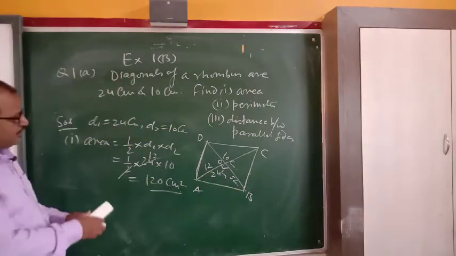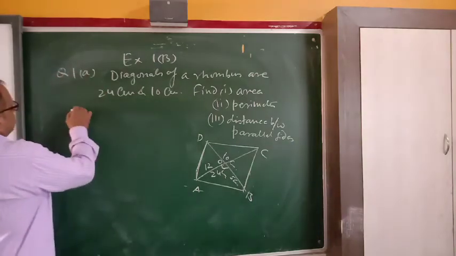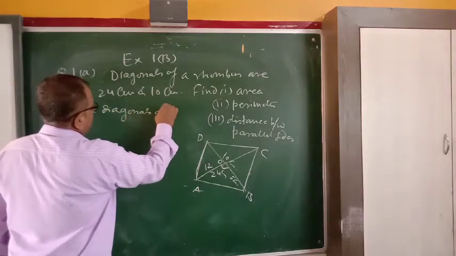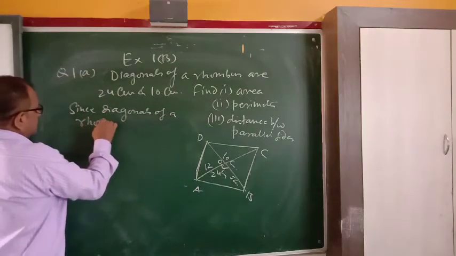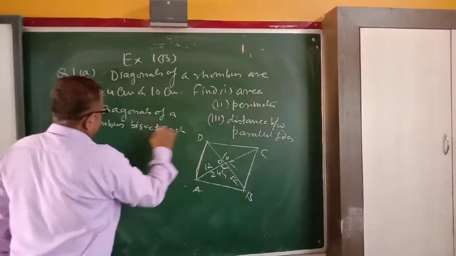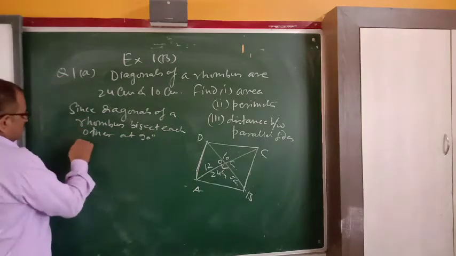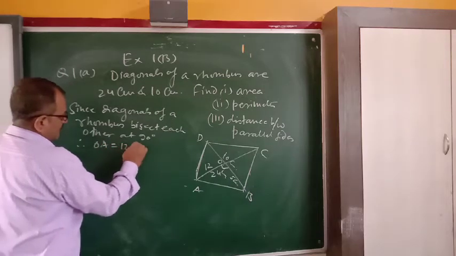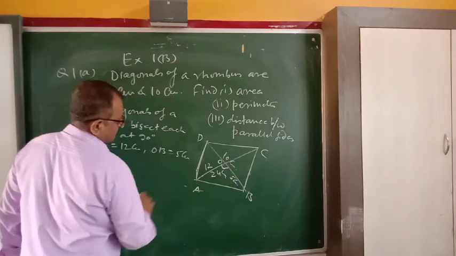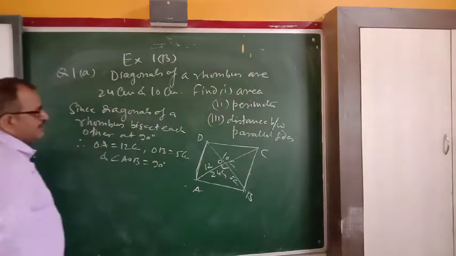So here we will use the property of a rhombus: since the diagonals of a rhombus bisect each other at 90 degree, therefore OA is equal to 12 centimeter, OB is equal to 5 centimeter, half of 10, and angle AOB is equal to 90 degree.